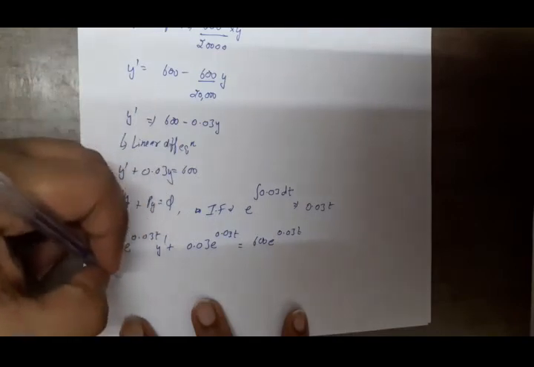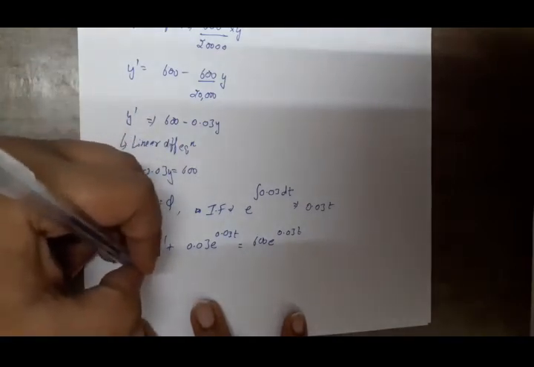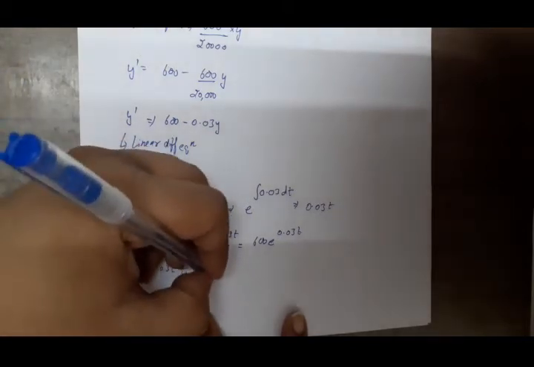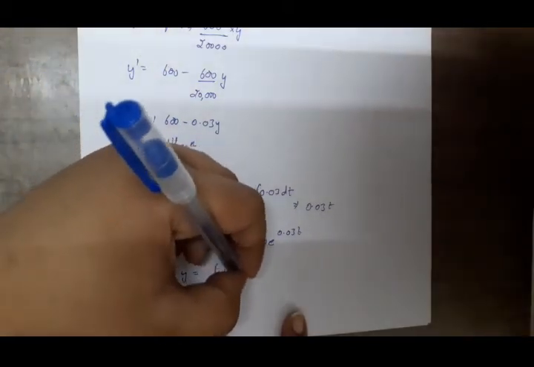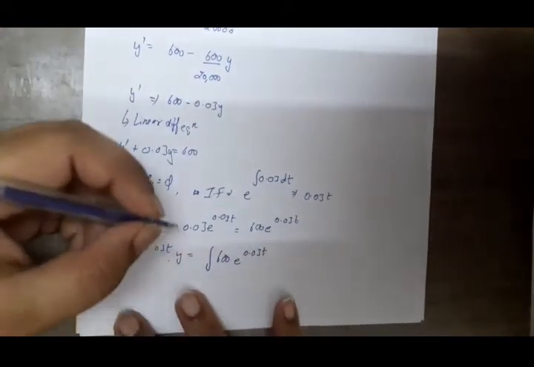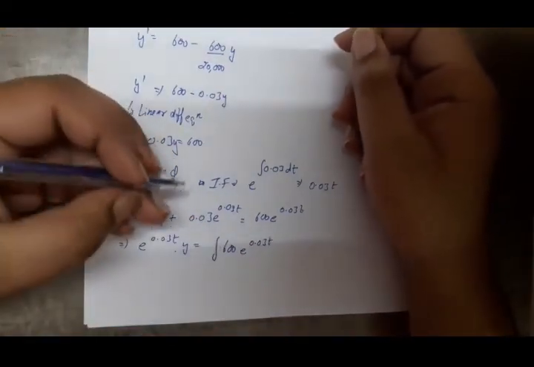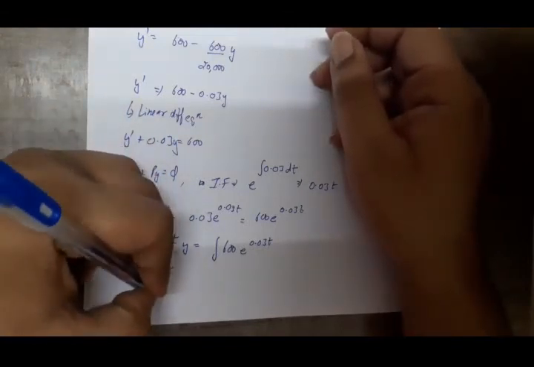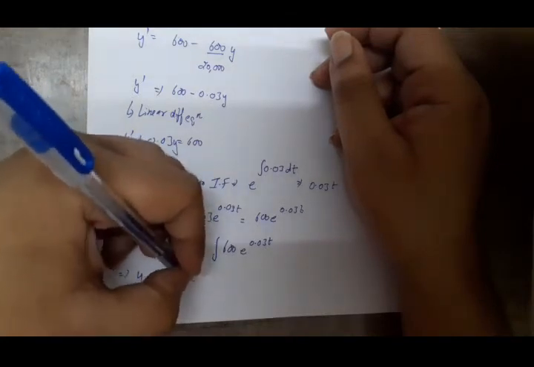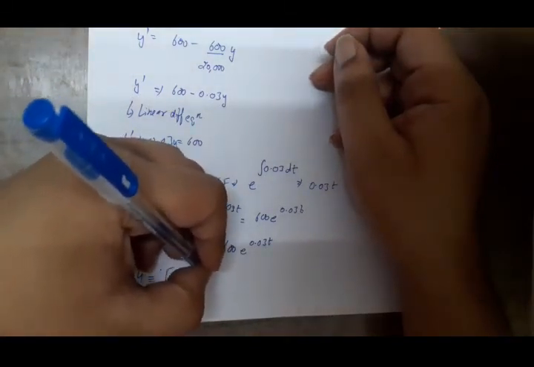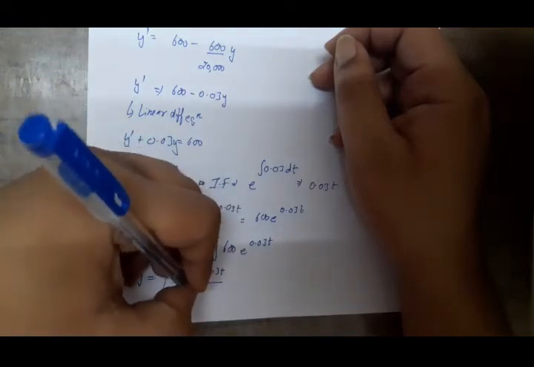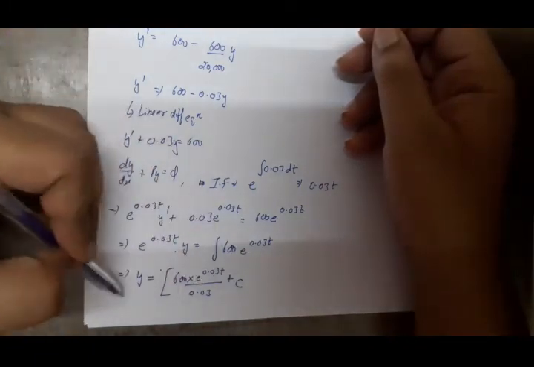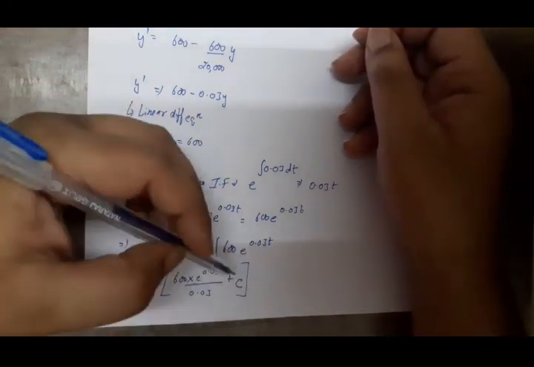Now on further simplifying and integrating, we get y times e to the power 0.03 t equals 600 into e to the power 0.03 t upon 0.03 plus c, where c is the constant of integration. I hope you can see it clearly.